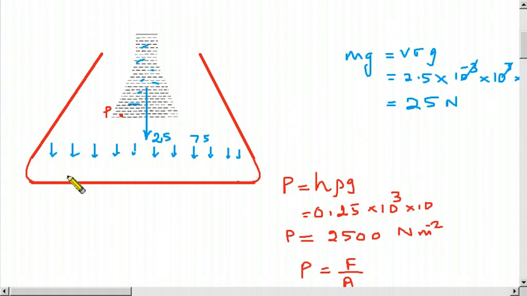So there is a reaction from the bottom towards water, equal to this one, 75 Newton, upwards, 75 Newton.